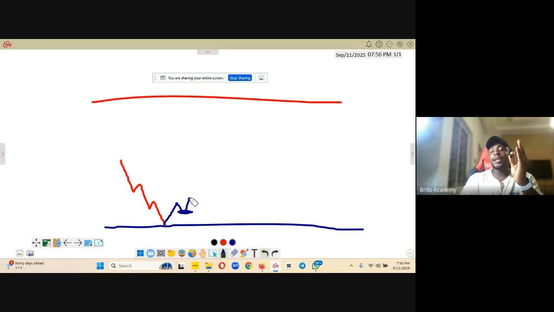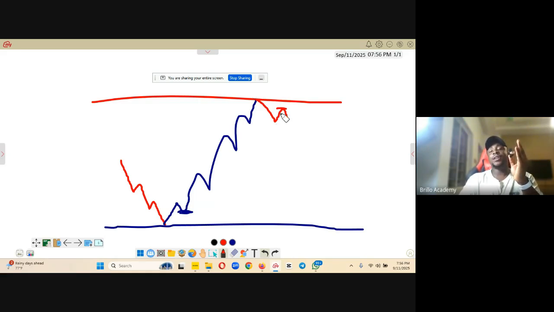The same thing is applicable to a resistance zone. Whenever you see a movement like this, and you see another failure swing, that is a lower high, right? Just take a sell, place your stop loss above the resistance.